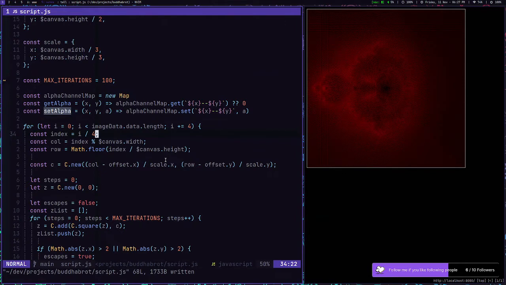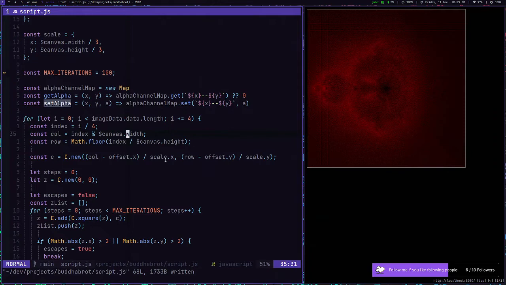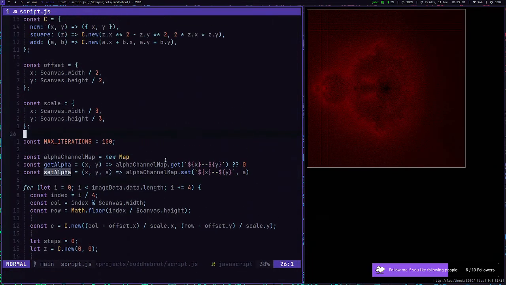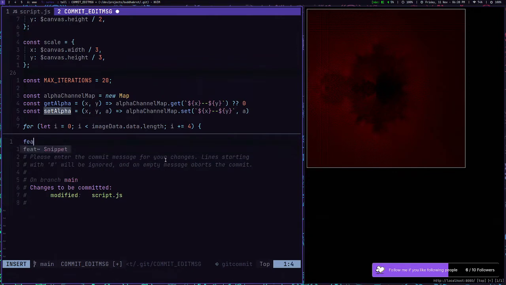What if instead of this we just do double for loops, 600 pixels, 600 pixels, so we don't have to do any index calculations here? That shouldn't actually change anything, so not sure about that. But let's bring it back to 20 and commit this. Oh, that looked better. Okay, so somehow 20 iterations is better than 100 iterations.